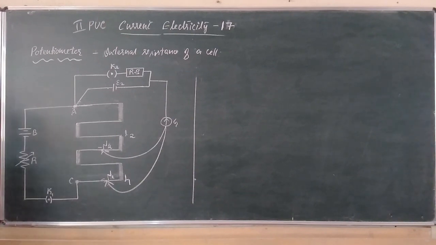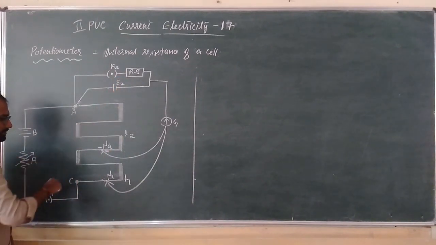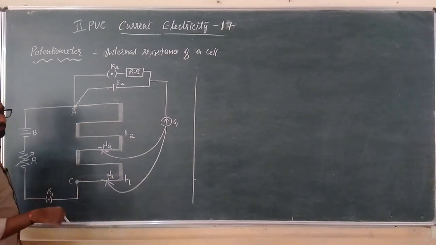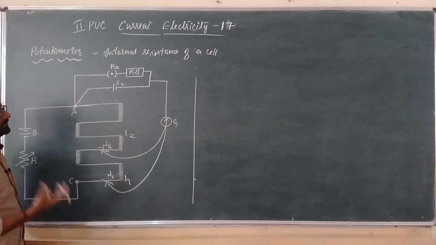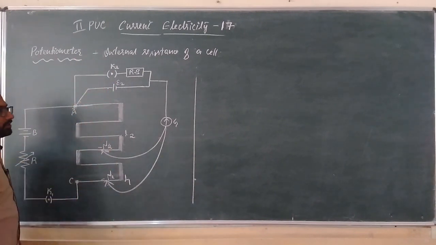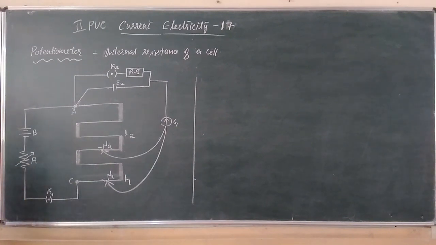So this is the secondary circuit, and this is the primary circuit. The principle of working of the potentiometer is that the EMF of the cell in the secondary circuit, or the terminal potential difference in the secondary circuit, is directly proportional to the balancing length in the uniform wire.